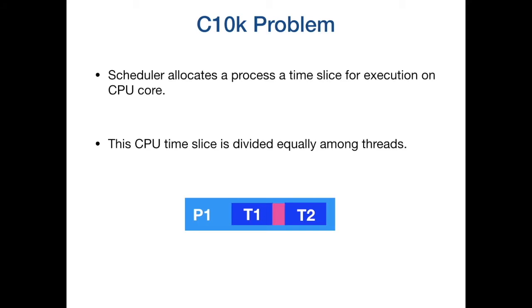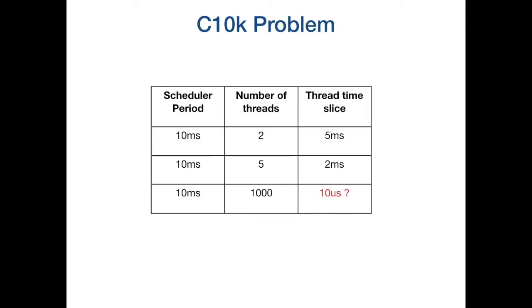This time slice is equally divided among the threads. So if we define the scheduler period as 10 milliseconds and we have two threads, then each thread is going to get 5 milliseconds separately for execution. If we have 5 threads, then each thread is going to get 2 milliseconds to execute.